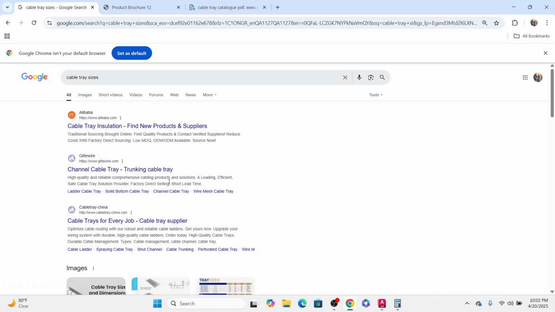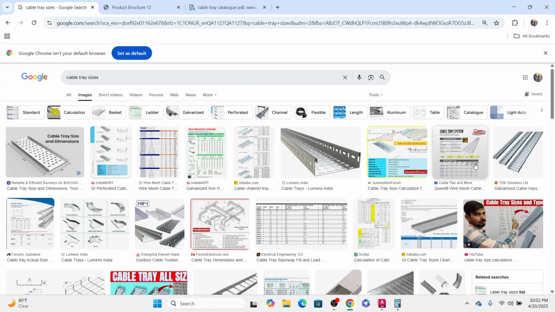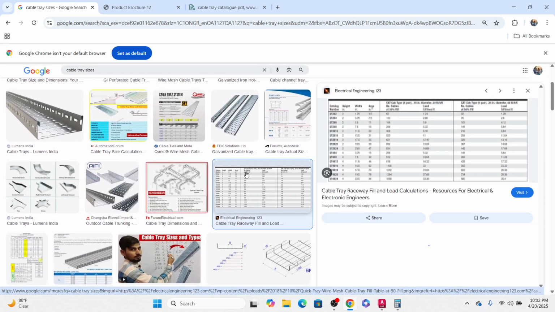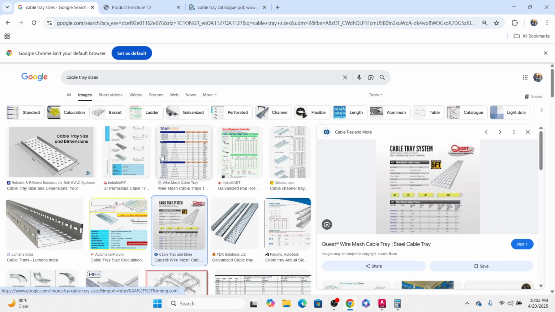If you go to the image, you will see some sizes.